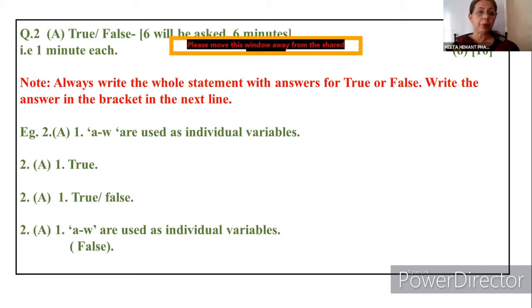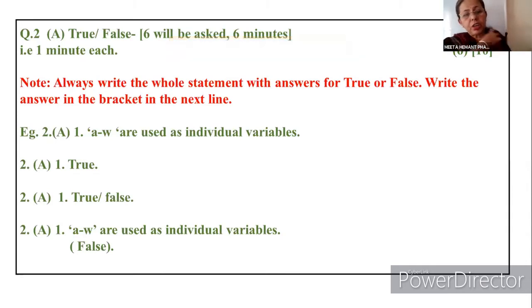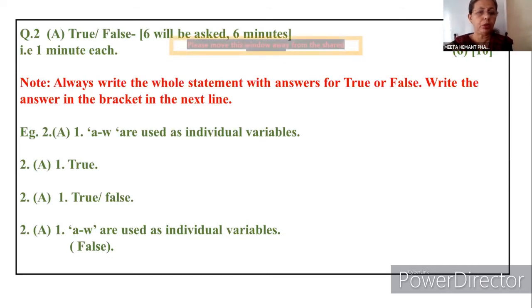Here, suppose the question asked is, small a through w are used as individual variables. Your answer, if you write it as true, then it will be wrong answer. Of course, because you have not written the statement and the answer itself is wrong. Then if you write both the options and keep, then also it is wrong.